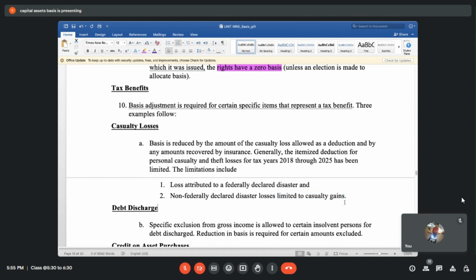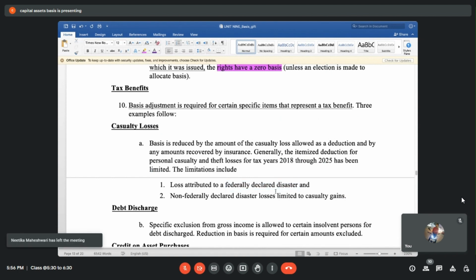There could be some gains, like maybe suddenly some rezoning has been done and this land becomes higher in value, or something else happens. Or if it's a federally declared disaster, then only we can take casualty losses.